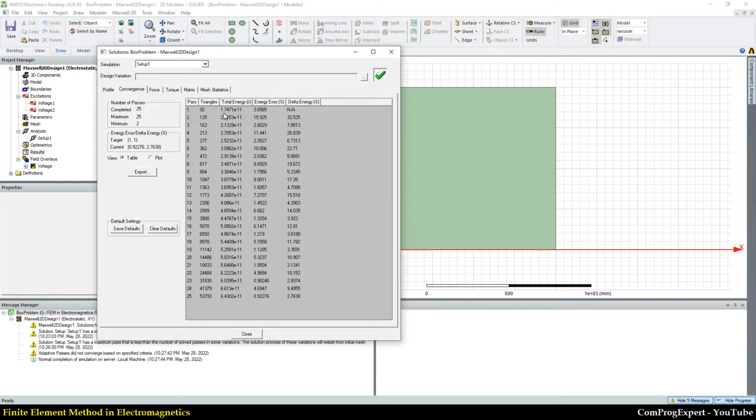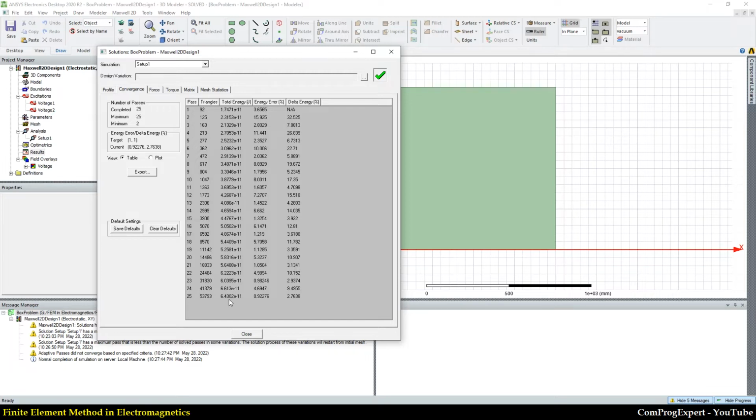So you can see here in the first iteration, the total electric energy stored in the region is this number. And finally, after 25 adaptive passes, we reached this number. And we have a high difference between this number and this number, right?